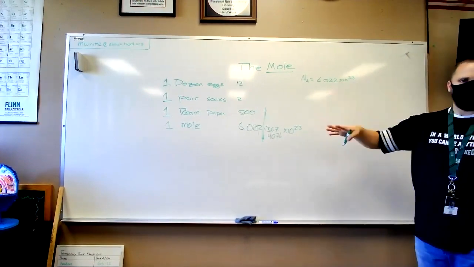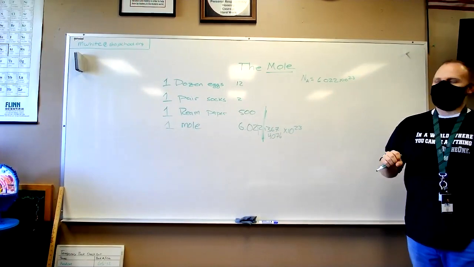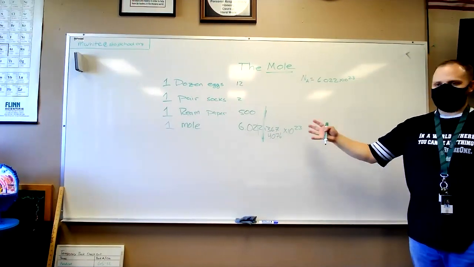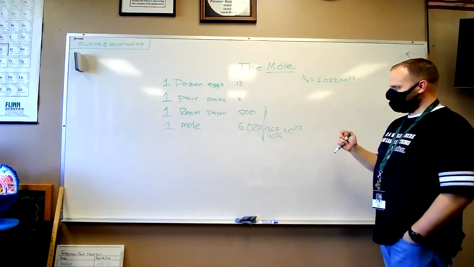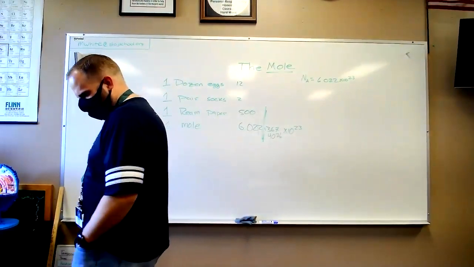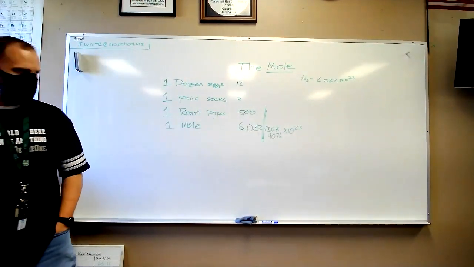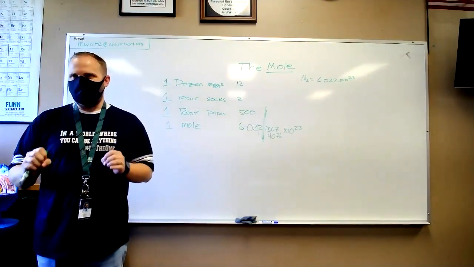It's not just a randomly assigned number that we pick. If it was randomly assigned, we would pick a different number that was easier to work with. It actually comes from working with carbon. That is the number of carbon atoms in exactly 12 grams of carbon-12.